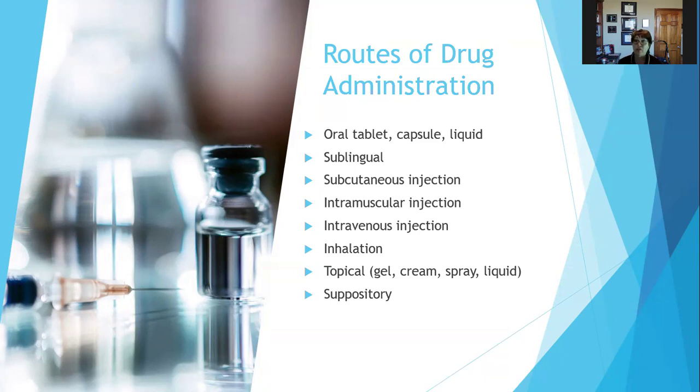So they give them a suppository, and a lot of times they give them anti-nausea suppositories to keep them from vomiting. So it's just another way to administer drugs. Each one has its own drawbacks and advantages. It's nice to know which are easy and which are harder, and what the advantages and disadvantages of each method are.